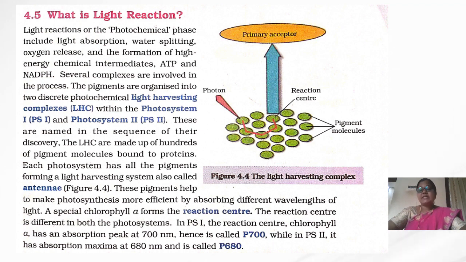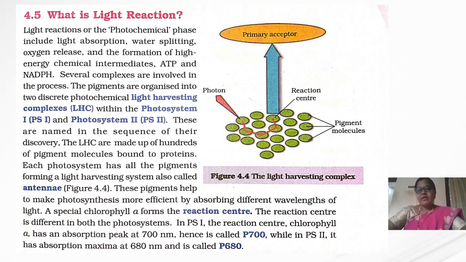These reaction centers are different in both photosystems, photosystem 1 and photosystem 2. How are they different?